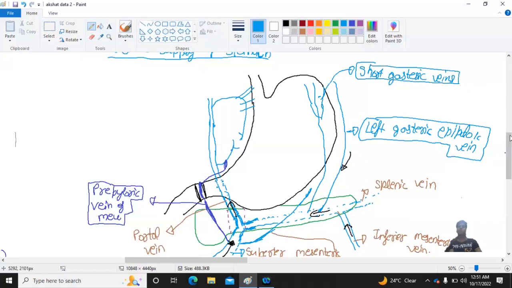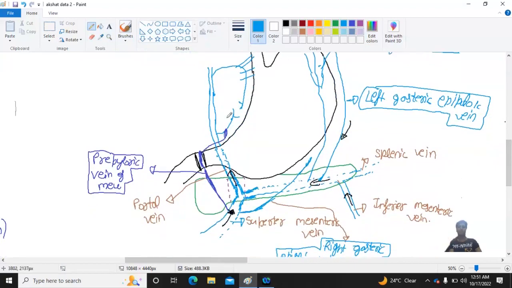Done. Then this is the right gastric vein. These both are tributaries of the portal vein. And this is the left gastric vein.